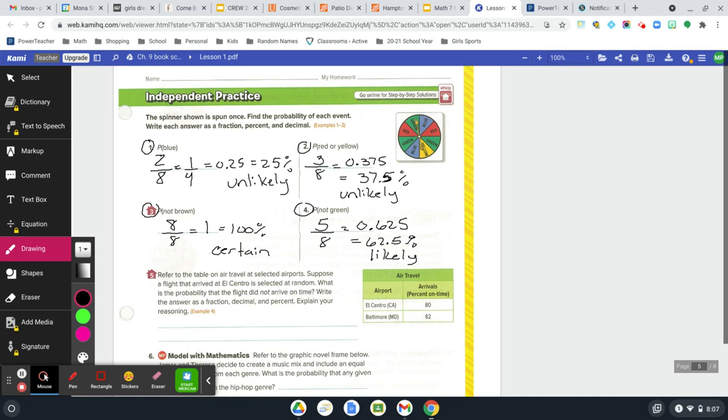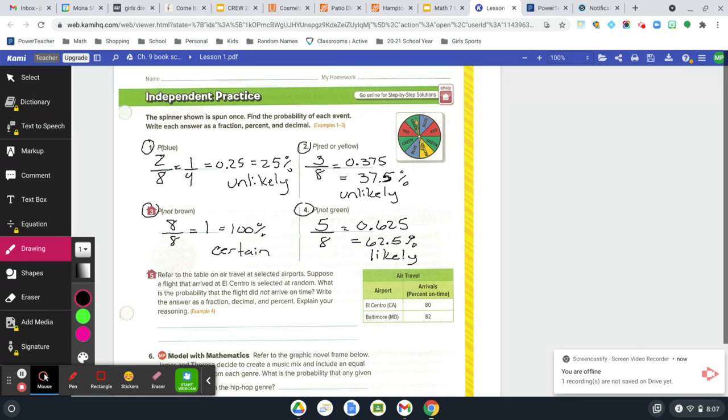Number 3, what's the probability of that spinner not landing on brown? Well, there's no brown at all on that spinner, so it's 8 out of 8, which equals 1, which is 100% certain that you are not going to land on brown. Number 4, the probability of not green.